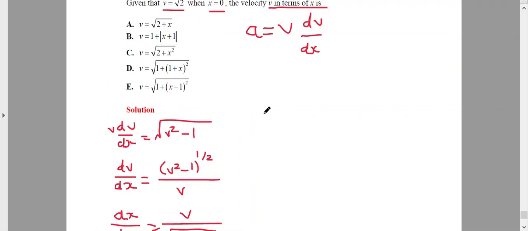But it does become much easier if you use the other version of the acceleration formula, the half d dx of a half v squared. It does become a lot easier.